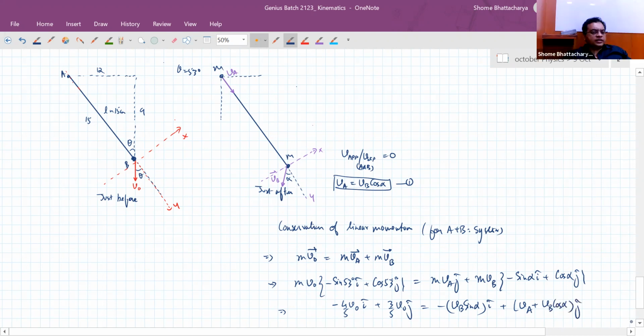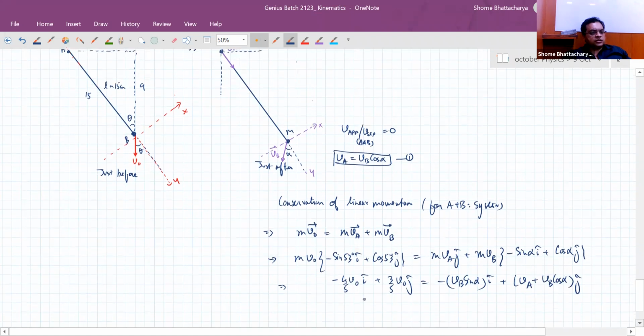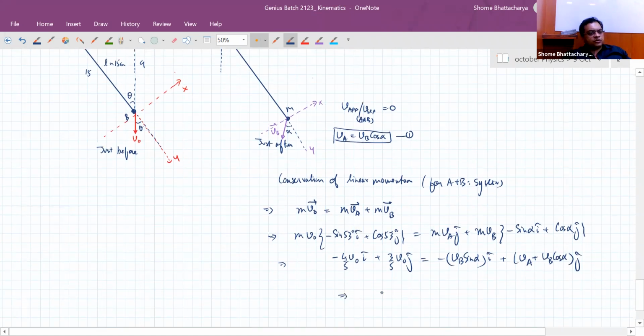Okay, so this vector equation results in two scalar equations. If you compare the x components, we get vB sin alpha is equal to 4 by 5 v naught, and we have vB cos alpha plus vA is equal to 3 by 5 v naught.